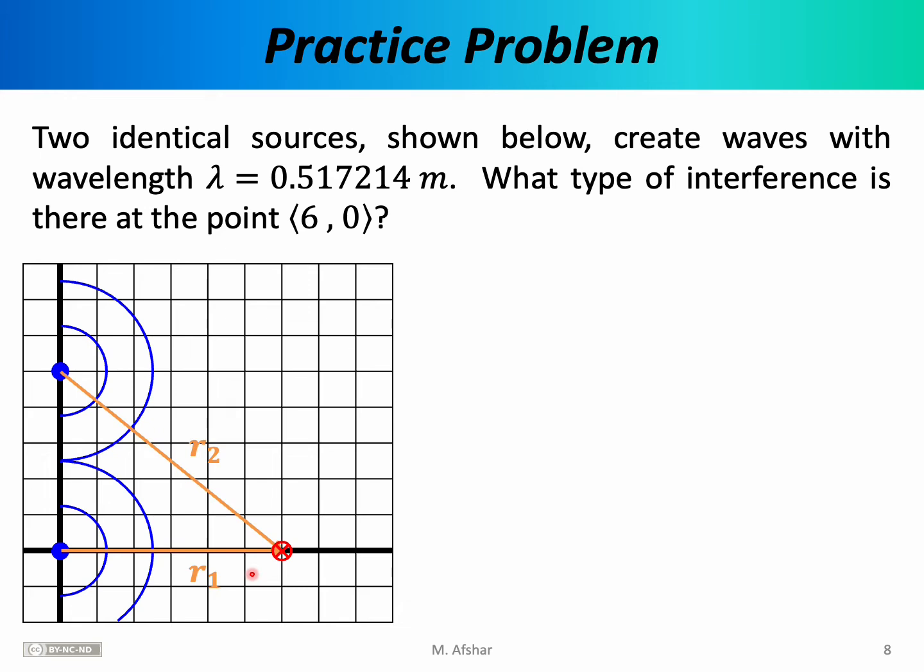It might be constructive interference, or it might be destructive interference. It could also be partial interference. Partial interference refers to the superposition that's neither constructive nor destructive. To be honest, partial interference is simply not that interesting. It's the extreme cases of constructive and destructive interference that are most interesting in terms of applications.